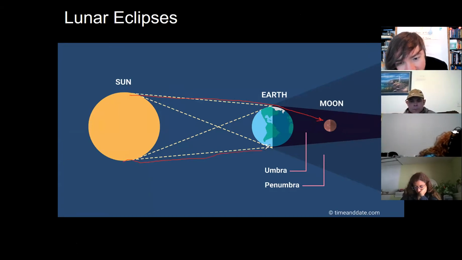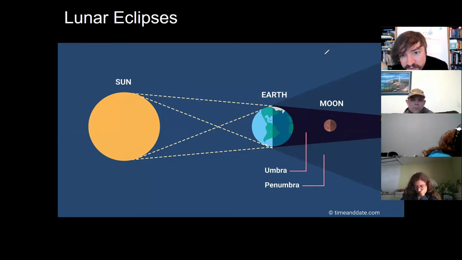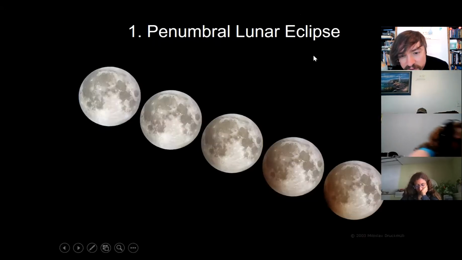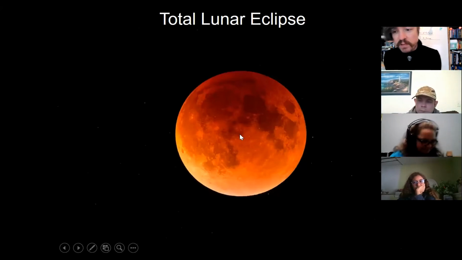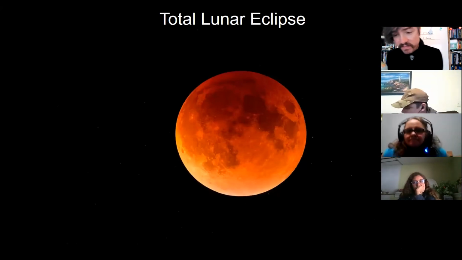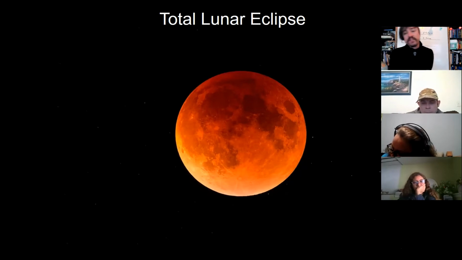But only the red light from the sun gets refracted and bent strongly enough to strike the moon. The result is during a total lunar eclipse, the moon does get darker, but it turns an evil blood red color that probably scared the willies out of ancient people. And when you see this evil red blood moon happening, you know something crazy is going on. This is a total lunar eclipse.